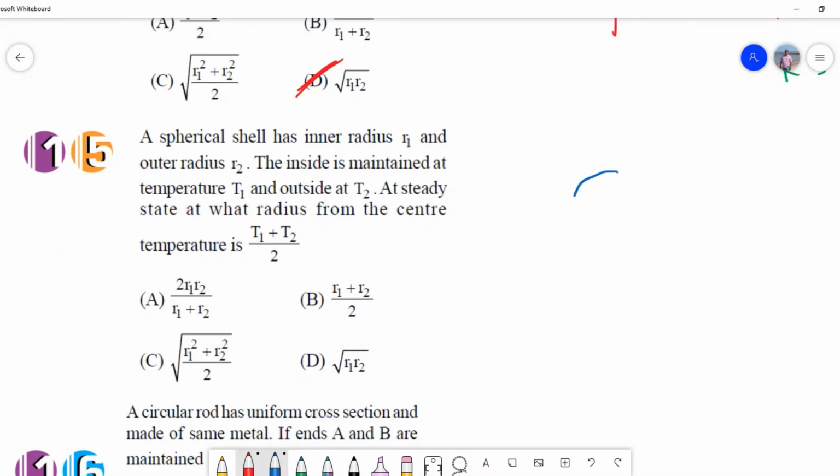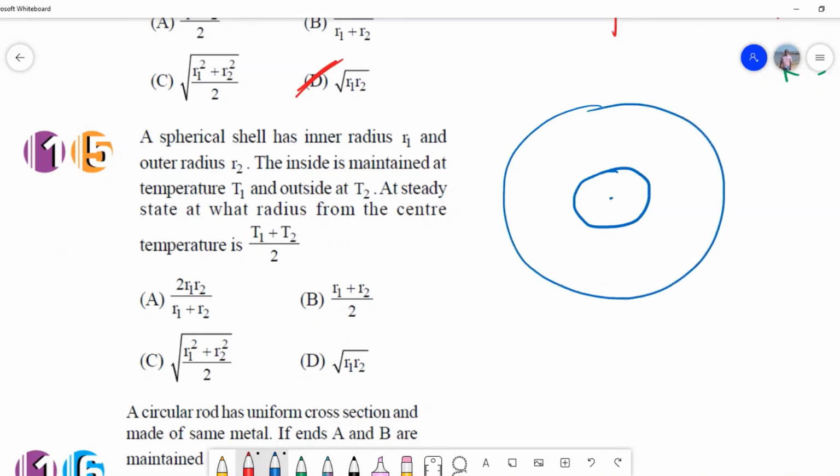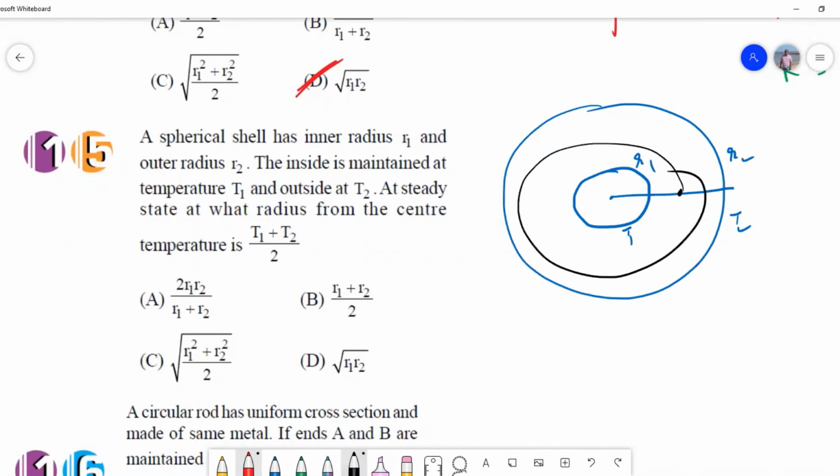So again, let's take an inner sphere and there is an outer sphere. Again the same logic. For this one the radius is R1, for this the radius is R2, temperature T1, temperature T2. So he's asking at what distance the temperature is T.